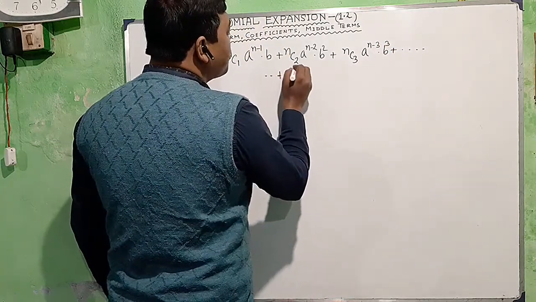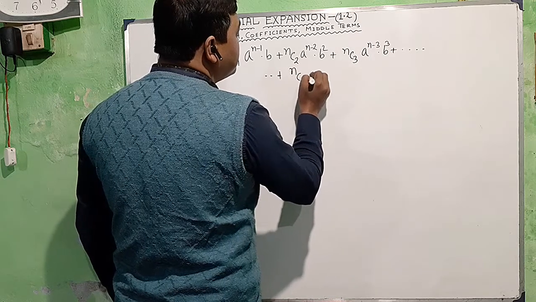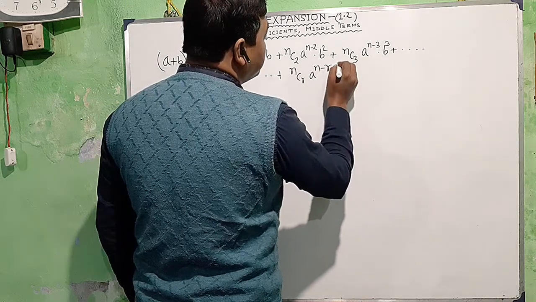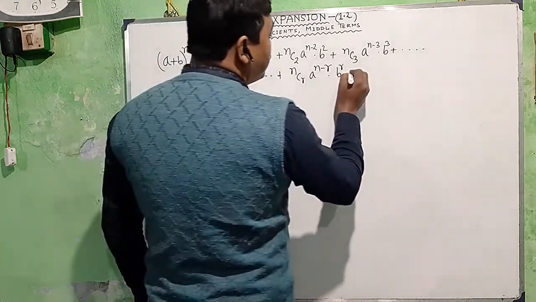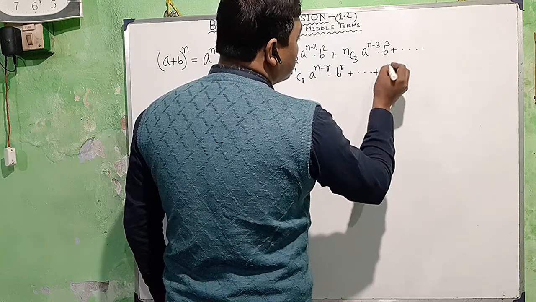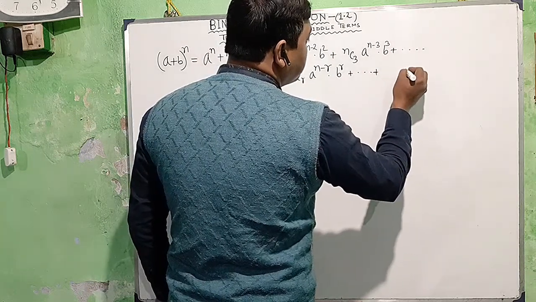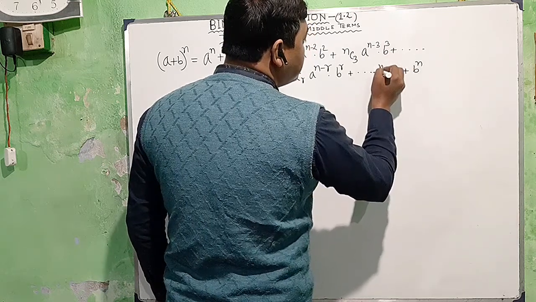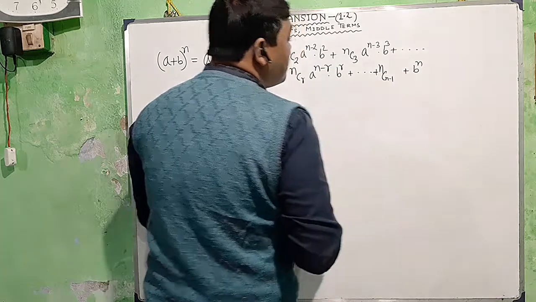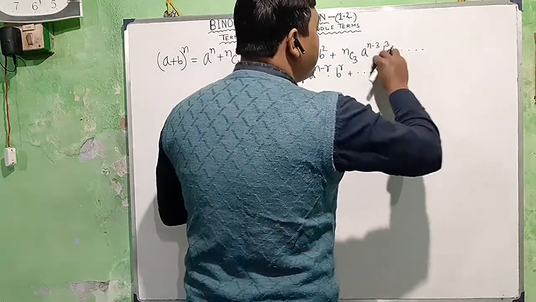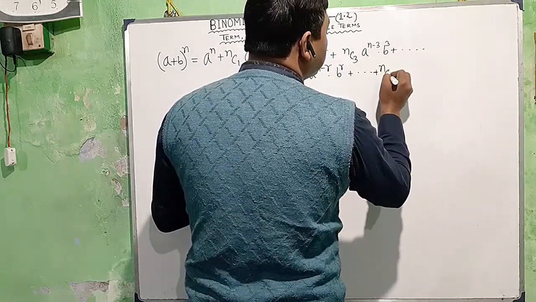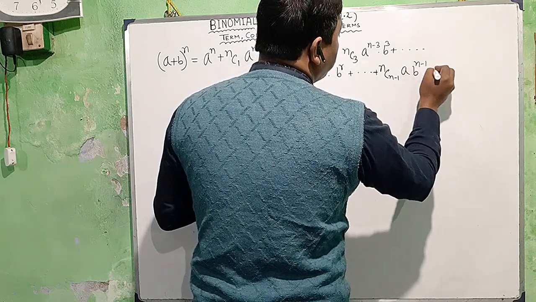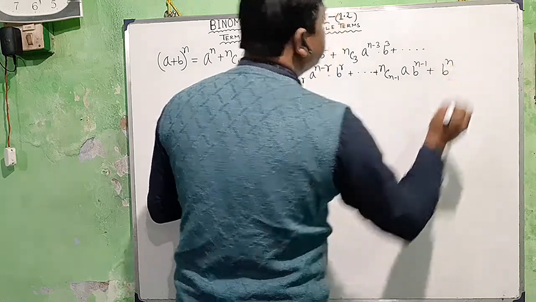And the (r plus 1)th term is nCr a to the power n minus r, b to the power r. The last term is b to the power n, and the term before the last term is nC(n minus 1) a b to the power n minus 1, plus b to the power n.